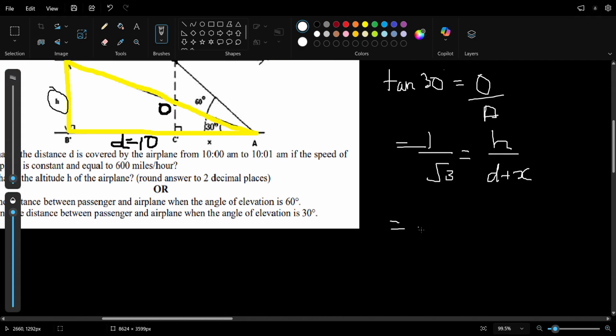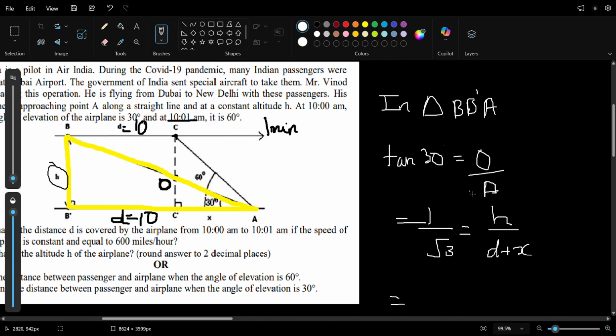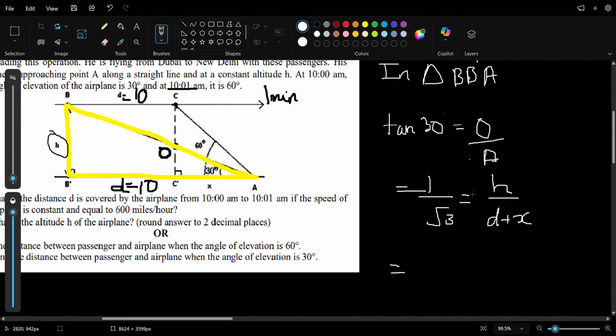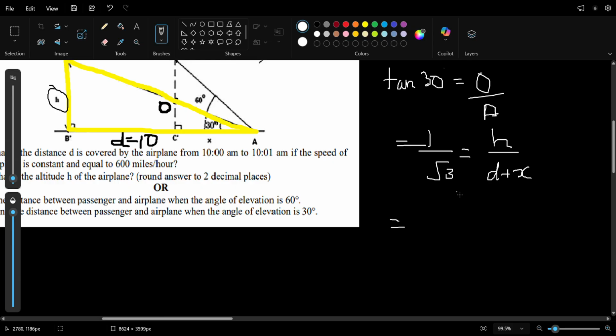And x, you can substitute with the values of h, so you get 1 by root 3 is equal to h upon 10 plus x.